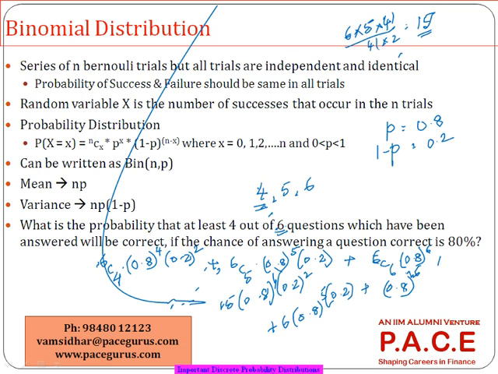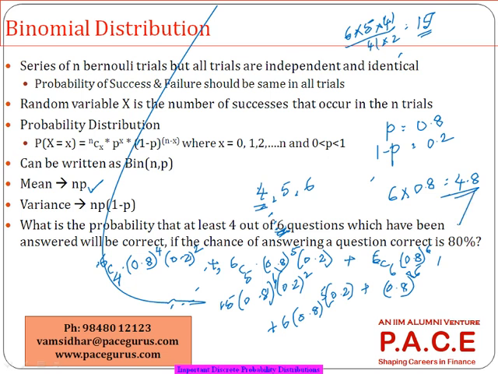And a couple more things to be comfortable with. The mean in the case of binomial distribution is NP. So here, what is the average number of questions that would be correct? NP, where N is 6 and P is 0.8.